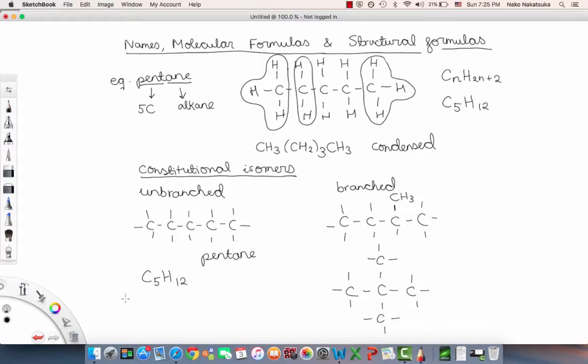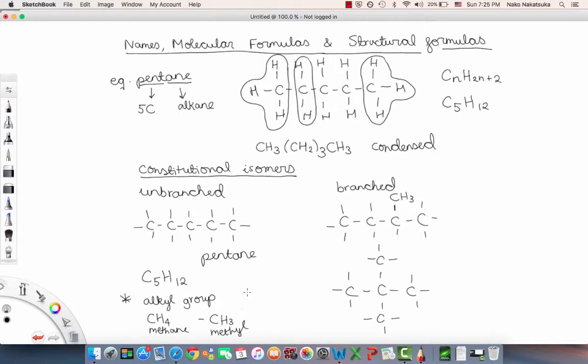One thing I wanted to mention is an alkane with 1 hydrogen removed is called an alkyl group. For example, CH4 is methane, right? But when you remove 1 hydrogen from it, it becomes CH3, and this is called a methyl group.